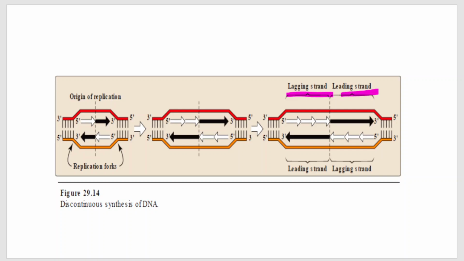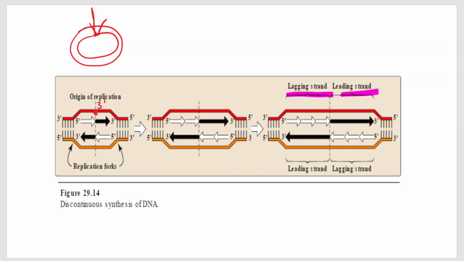Here when you see, this is the origin of the circular DNA we have seen, right? This is the circular DNA, and we have identified the origin of replication here. Now identify this strand is in the 3' 5' direction.